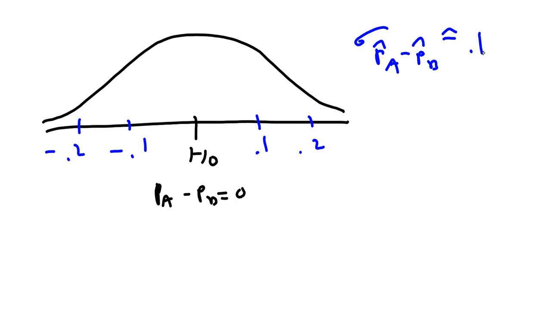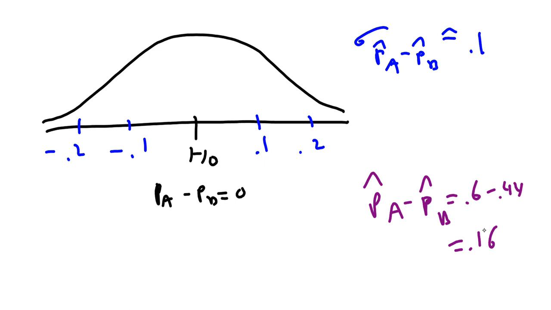All right, so now we want to mark off p hat sub A minus p hat sub B, which we know was 0.6 minus 0.44, or 0.16, which lies somewhere over here.